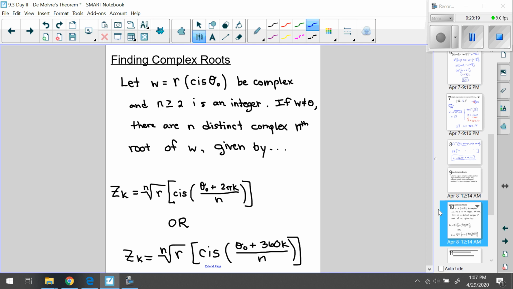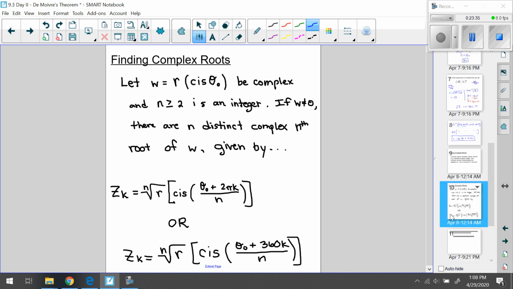Instead of taking R to the nth power, we take the nth root of R, and instead of multiplying theta by N, we divide by N. I think the best thing to do is just look at an example.